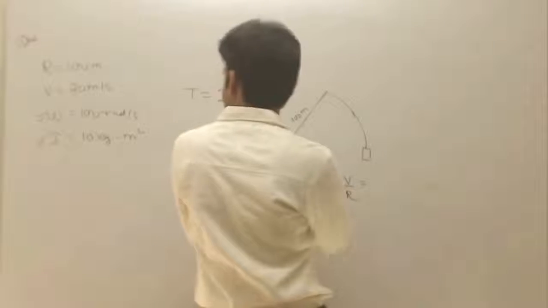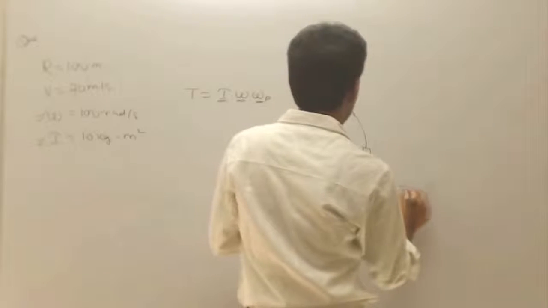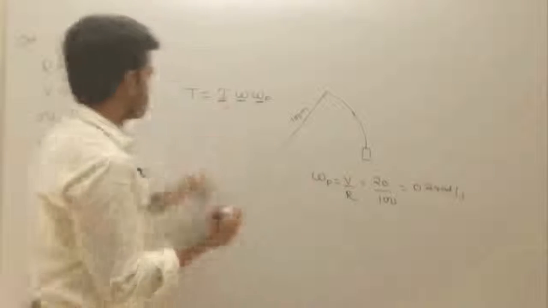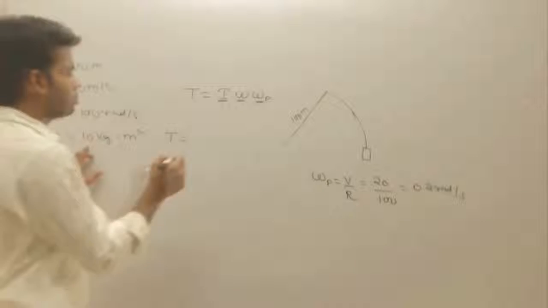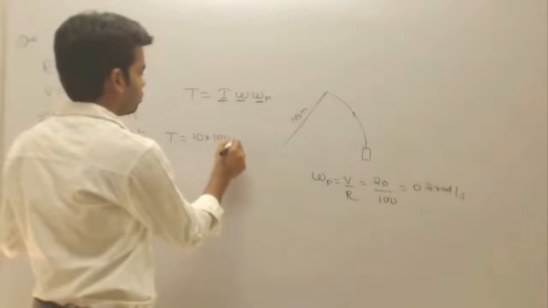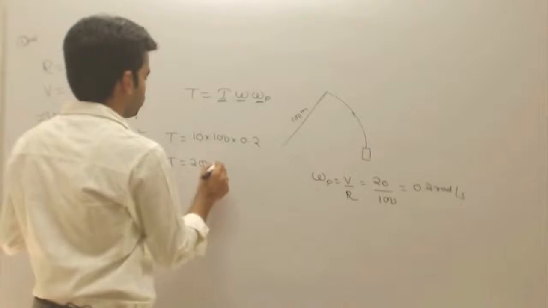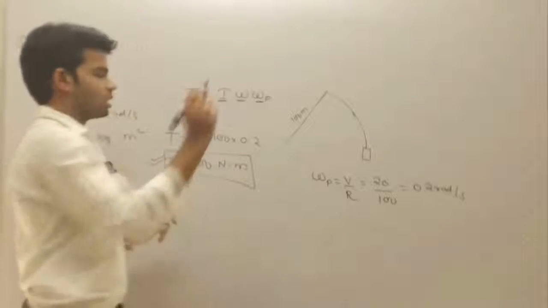So this will be equal to 20 divided by 100 meter, which is 0.2 radian per second. Now just put the values. The gyroscopic moment will be equal to 10 into 100 into 0.2. So this T will be equal to 200 Newton meter. Answer. Very simple question.